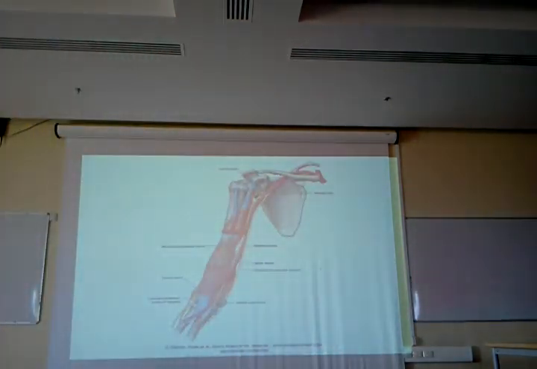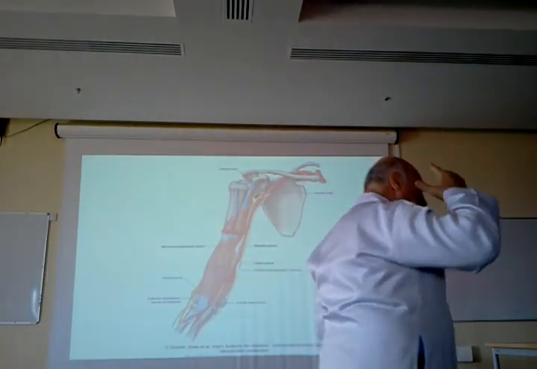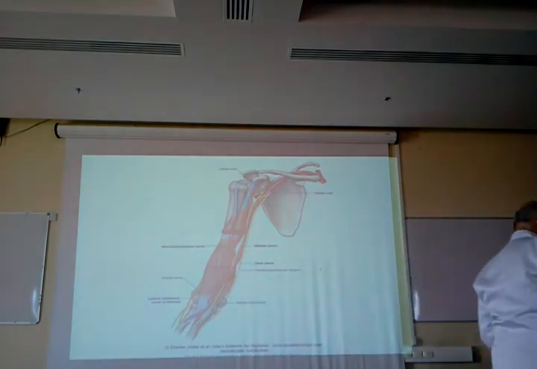It is very important for every one of us. So the musculocutaneous nerve supplies the muscular branch: coracobrachialis, biceps, brachialis. The cutaneous branch is the lateral cutaneous nerve of the forearm, accompanied by a vein, the cephalic vein.